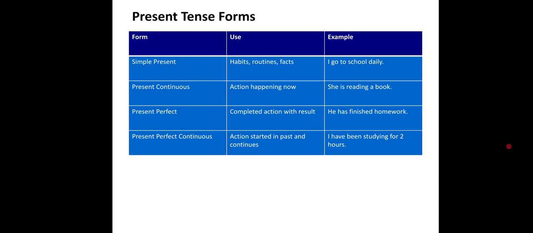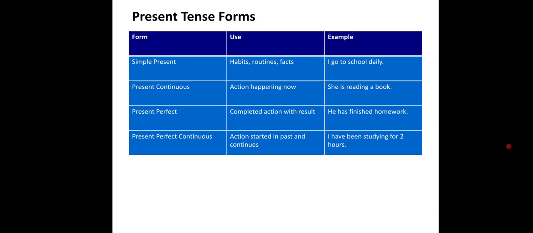In case of present perfect tense, we use it when an action was completed recently with an effect on the present. For example, she has finished homework. Next we have present perfect continuous tense, which we use where the action started in the past and still continues. For example, I have been studying for 2 hours.